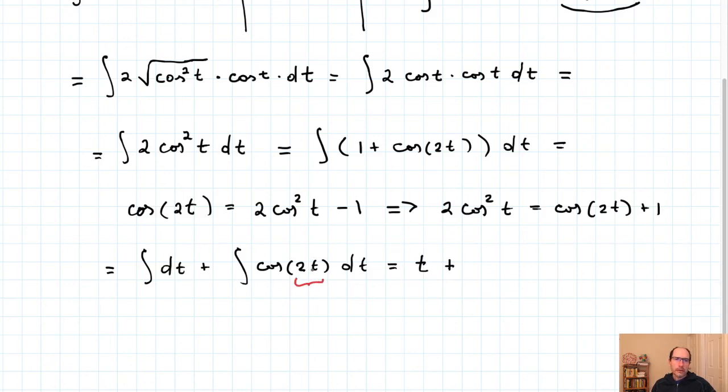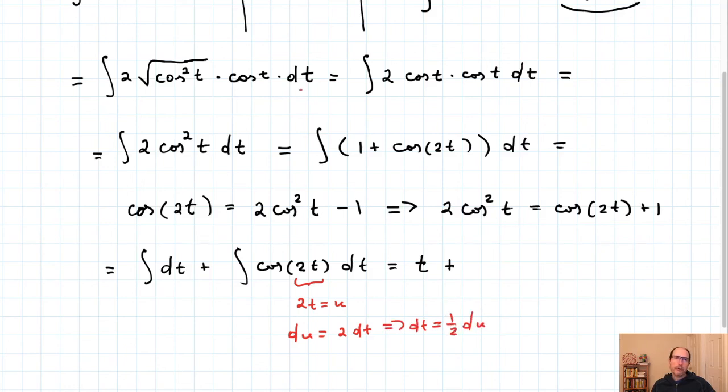And let's set 2t equal to u. Then du would equal 2 times dt. In other words, if we solve this for dt, dt will equal 1/2 du.